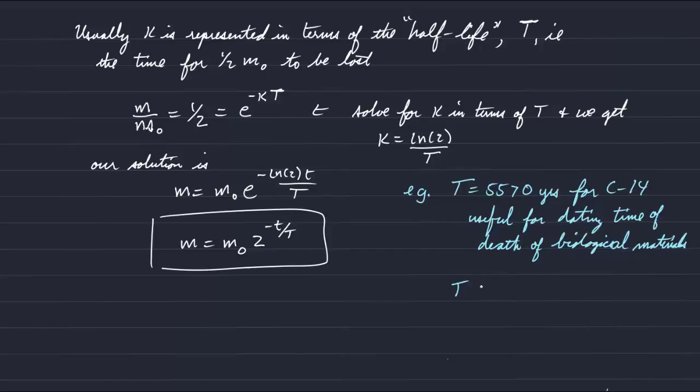Another application, for example, is the radioactive half-life of uranium-238, which is 4.68 billion years. And this is useful for dating old rocks.